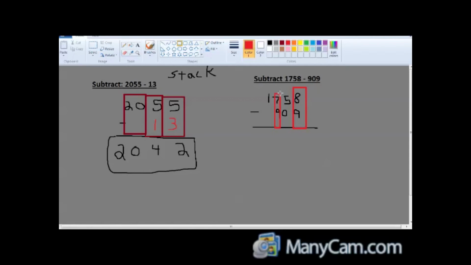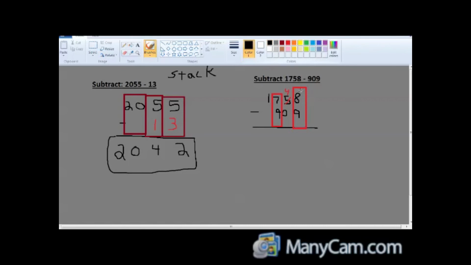And a box around the 7 and the 9. Okay. So we're going to go 8 minus 9. You can't do that. So we're going to borrow from this 5. And that 5 goes 1 below it because we're taking 1 away from the 5. It's going to make it a 4.